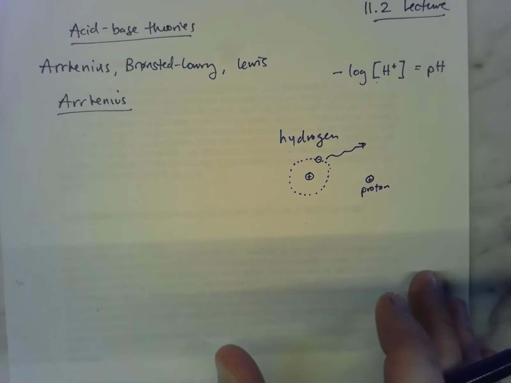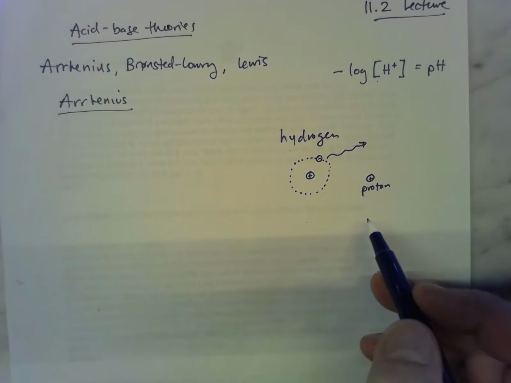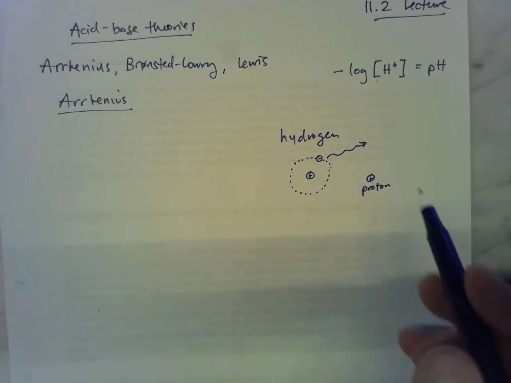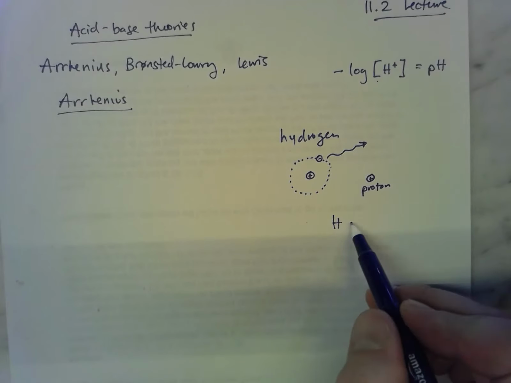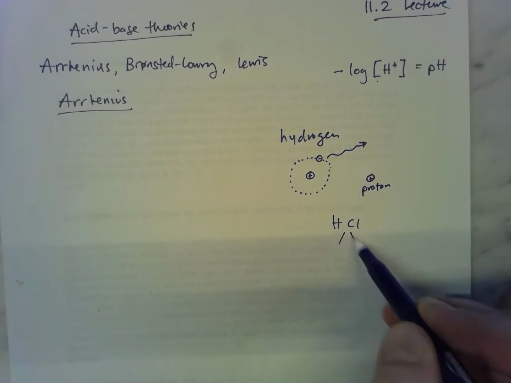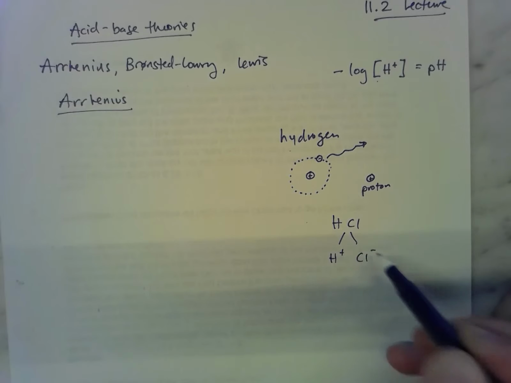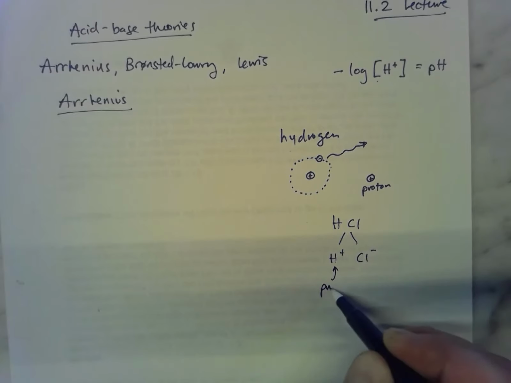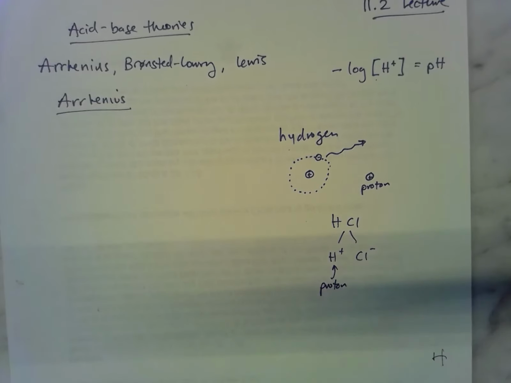But that's what we get, just a naked proton. So if we've got an H and a Cl, and this goes to an H plus and a Cl minus, well, this is just a proton then. That's what we got going on there.